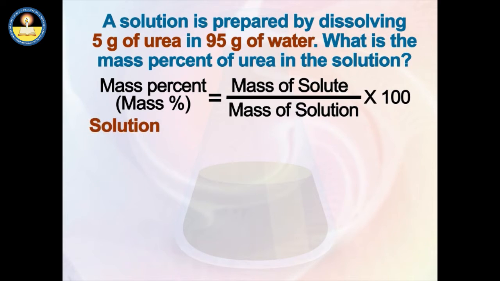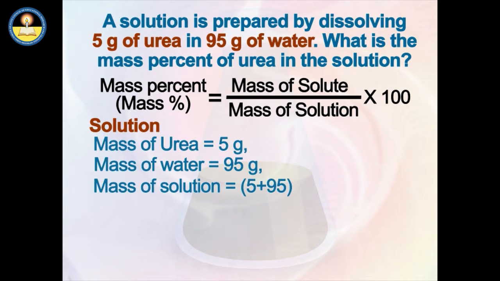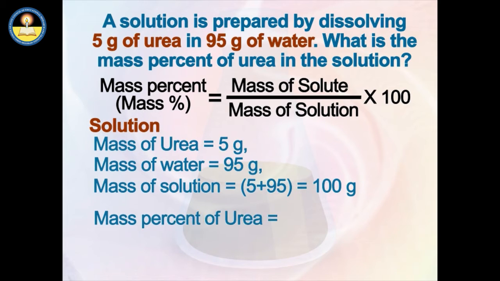Solution therefore is mass of urea equals 5 grams, mass of water 95 grams, mass of solution equals 5 plus 95 equals 100 gram. Mass percent of urea equals 5 grams divided by 100 grams multiplied by 100 equals 5%.